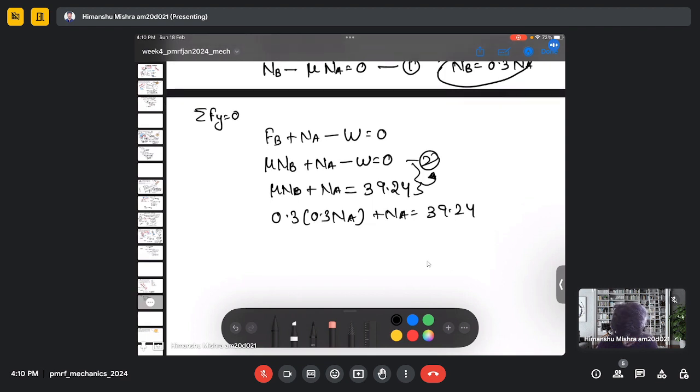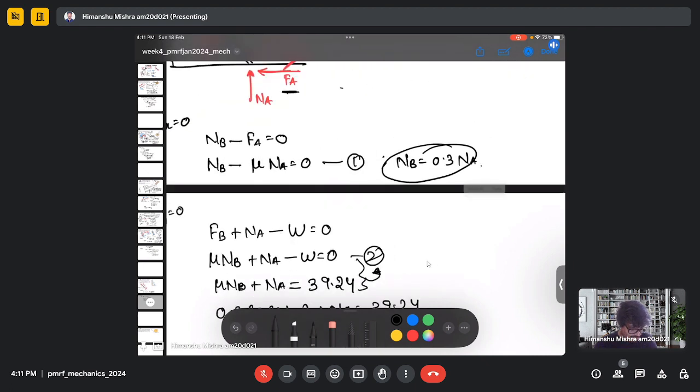So it will be 1.09 NA equals 39.24, and NA will be 36 Newton.